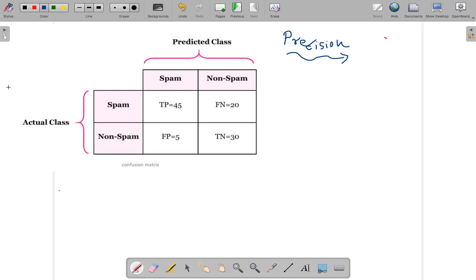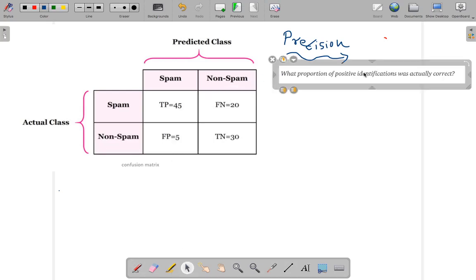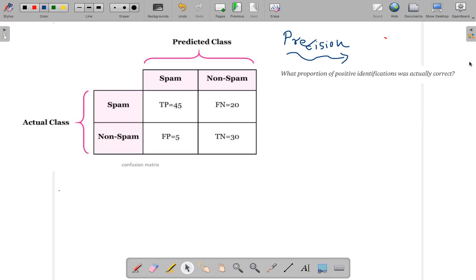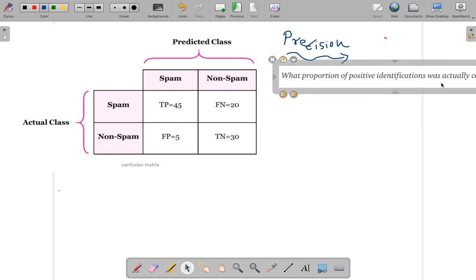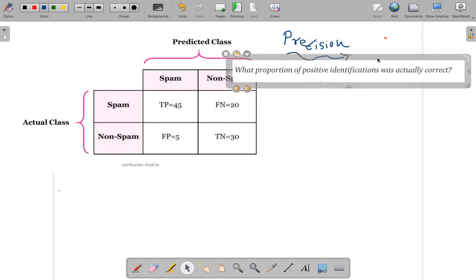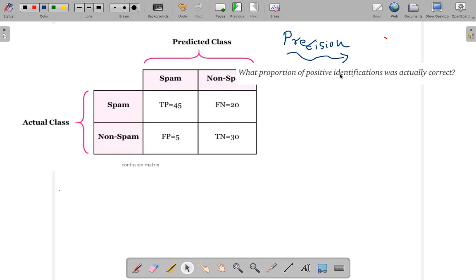So we do positive identification. This is the question it tries to answer: what proportion of positive identifications are actually correct?